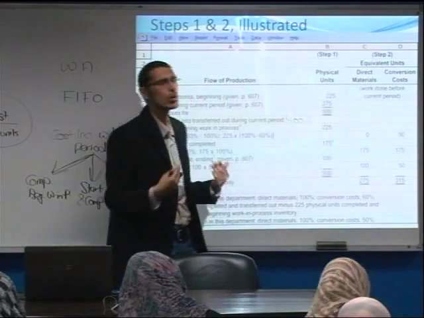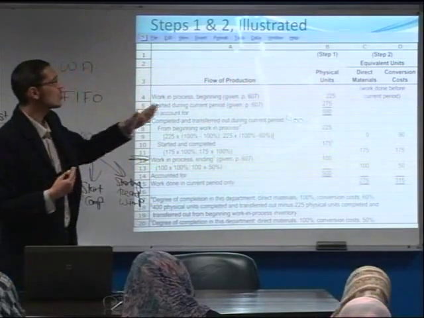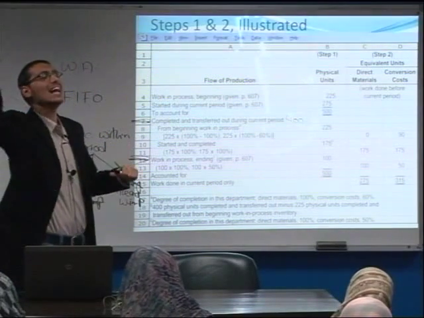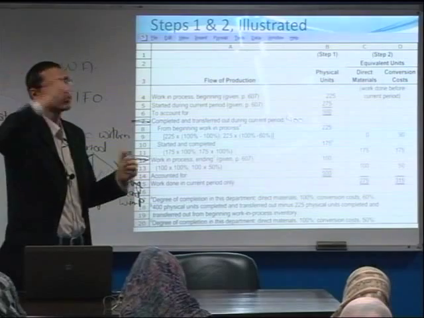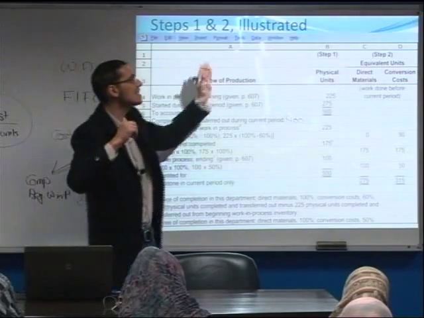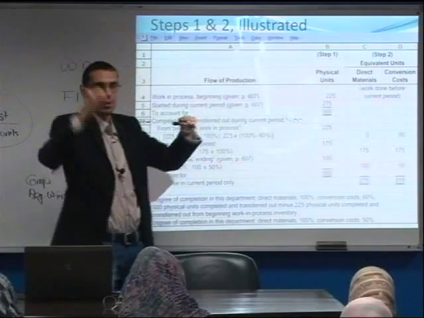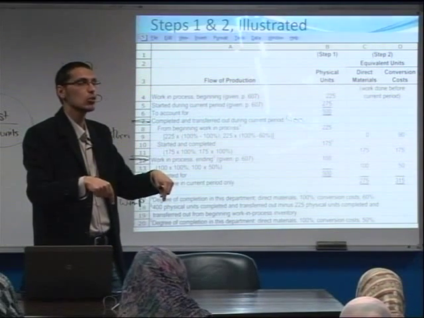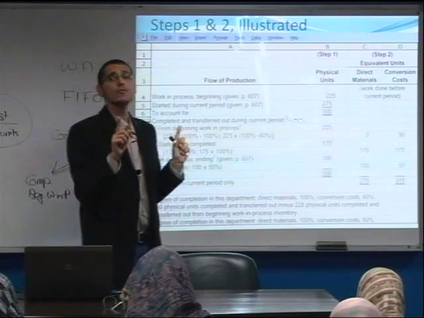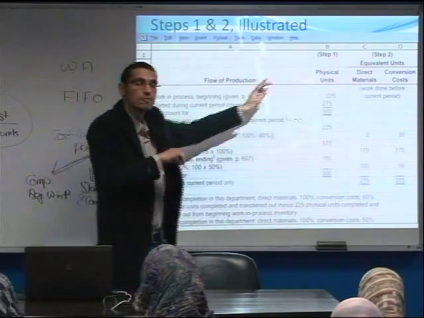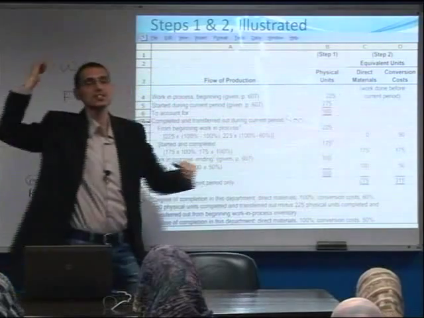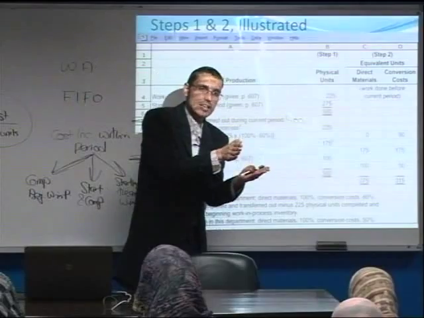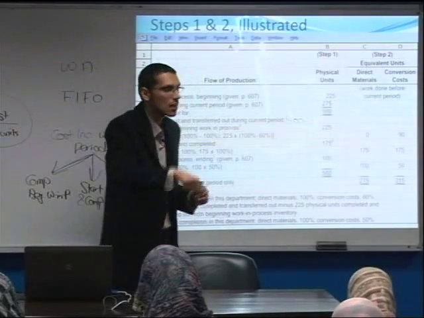Of course, according to our example, the 225 has taken 100% of direct materials in the previous period and 60% of conversion costs in the previous period. Therefore, how much would it take from the direct materials and conversion costs in this period? First of all, it would take 0% of direct materials because it took 100% in the previous period, and it would take the completion of the 60%, which is the 40% within this current period.